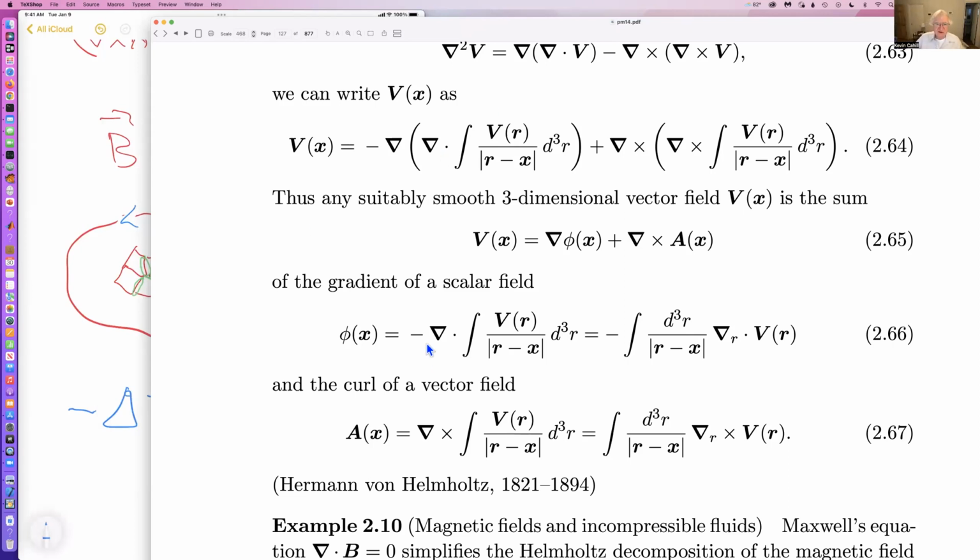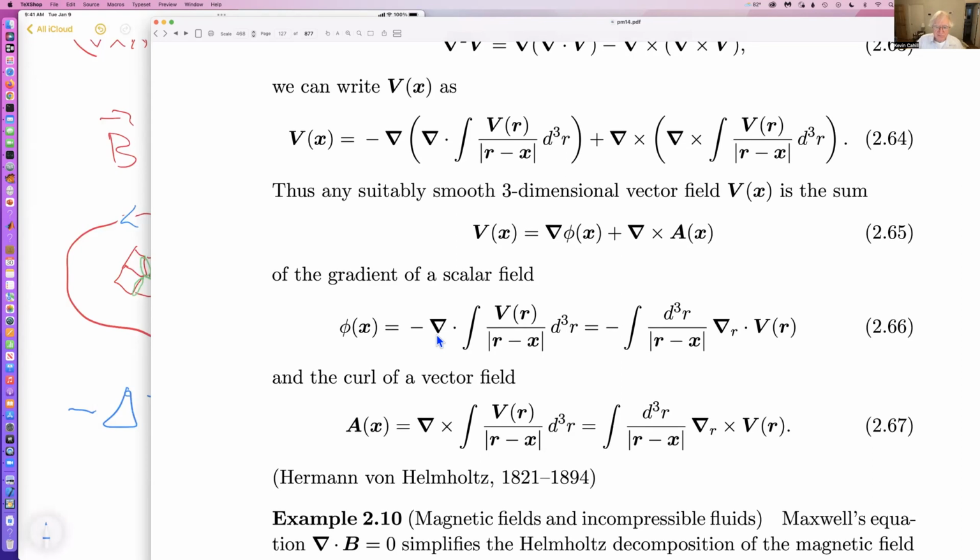So in other words, this derivative is just the x derivative. We bring it inside, it's an x derivative. We switch it to an r derivative, and there actually should be a plus sign here. So I am going to write this as a plus sign.